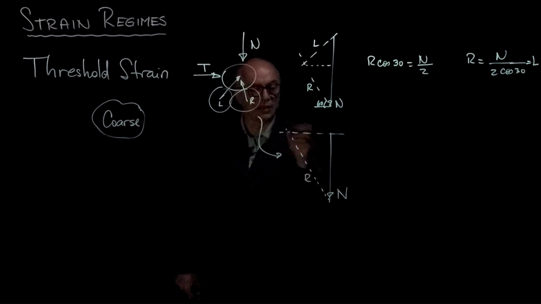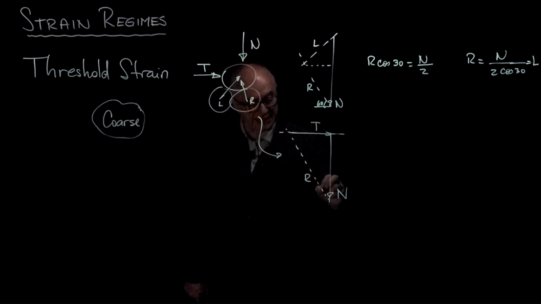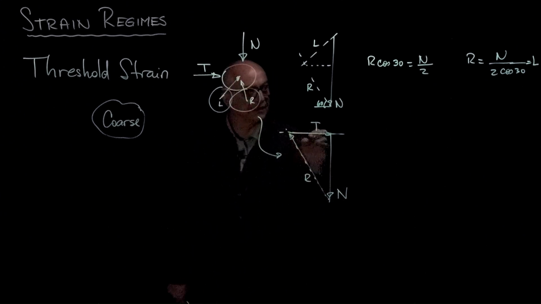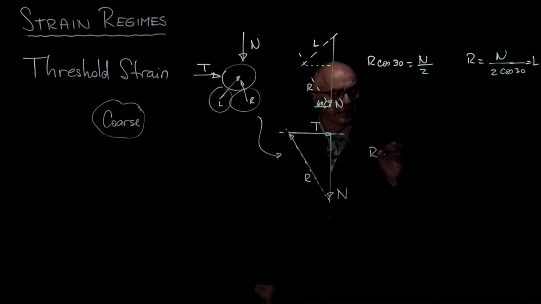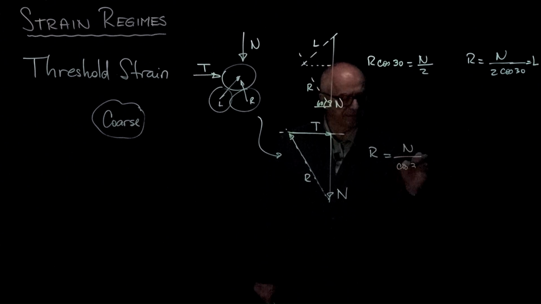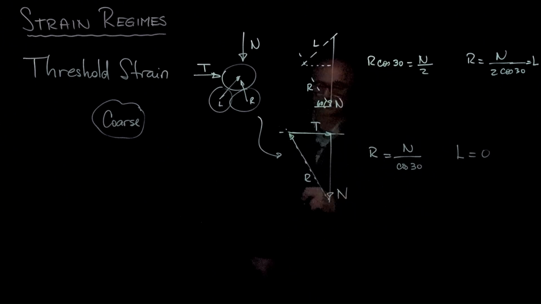So by equilibrium, this will be the force T that will bring the contact on the left to 0 force, and then this is the force from the right, and in this case, the force from the right has become equal to the force N over cosine 30, while the force on the left has become 0.